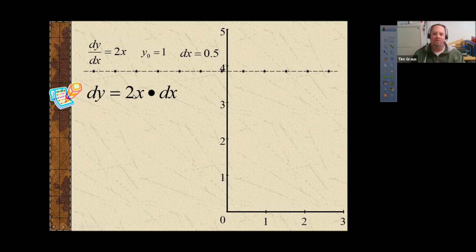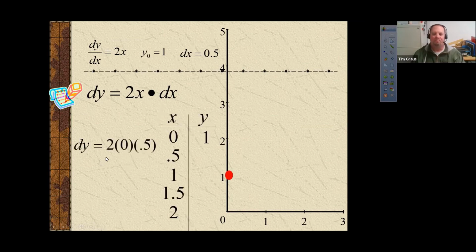So I'll plug in 0 for x and 0.5 for dx. That's going to get me from an initial point to a new point. The change in y is 2 times 0 times 0.5, or 0. So my new y value is going to be 1 plus 0. So I go up 0 and over 0.5. I get a new point, and I can plot that on my graph.